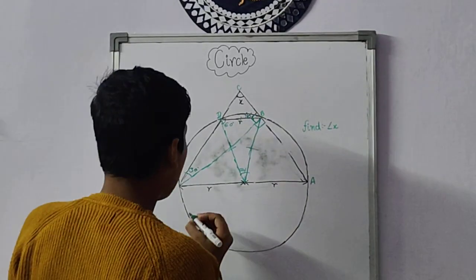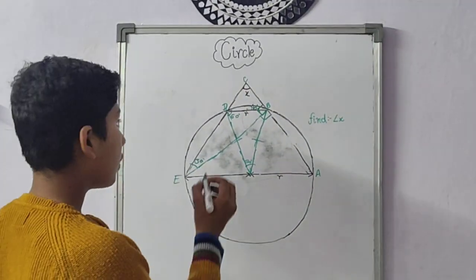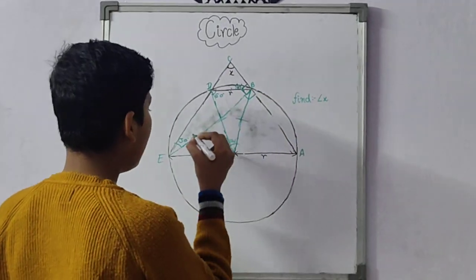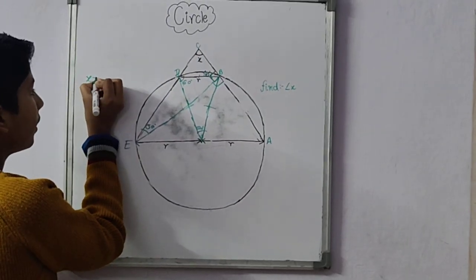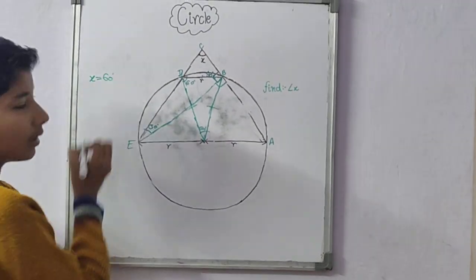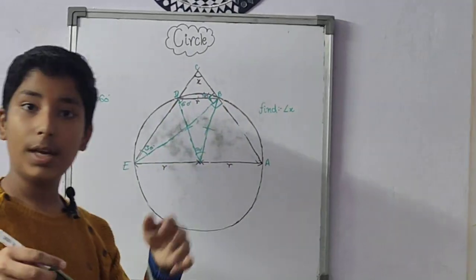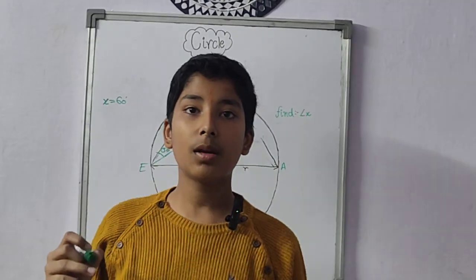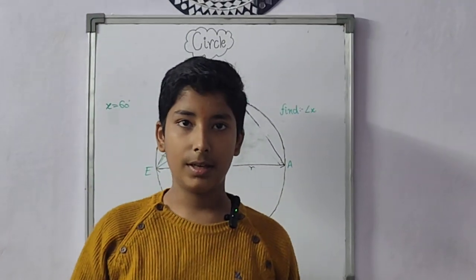Now in triangle CBE, you can see one angle is 90, one angle is 30. So angle X equal to 60 degree. How? See, you know that the sum property of a triangle is 180 degree.